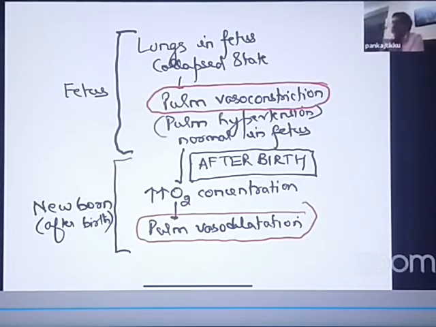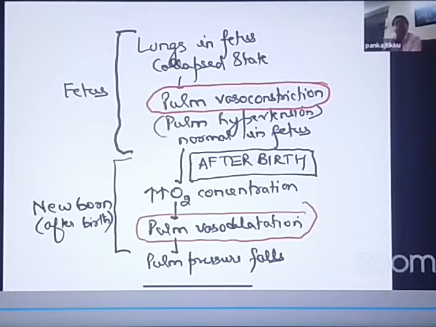And when there is pulmonary vasodilatation, the pulmonary pressure starts to fall. So what is contributing to this fall in the pulmonary pressures after birth? See the diagram that I have made.